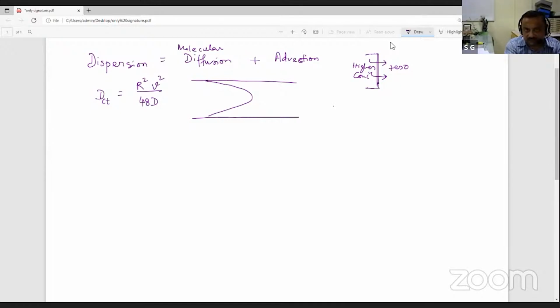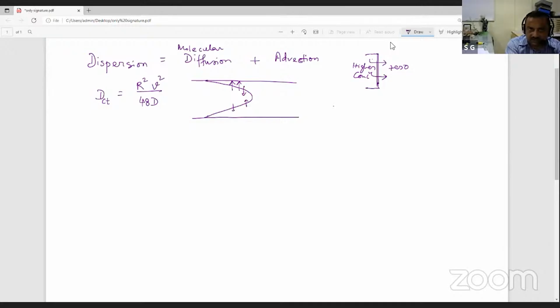But since we are considering parabolic velocity profile, as a result we have the front also stretched like this, so that it is not merely molecular diffusion across this phase, rather it is molecular diffusion in radial direction.